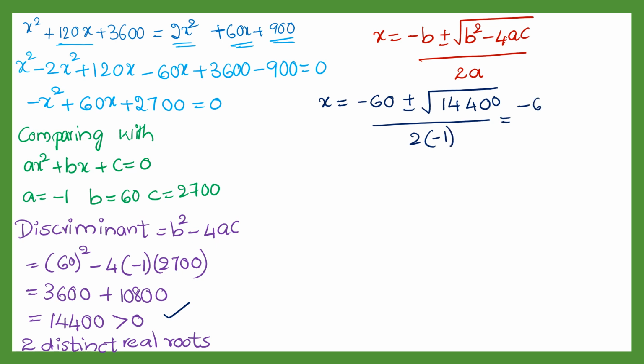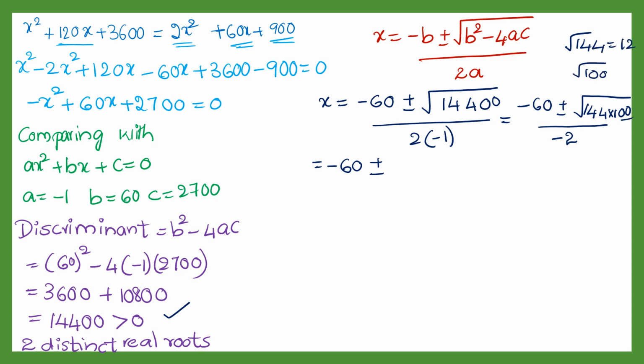So minus 60 plus or minus root of 14,400, we can write as 144 into 100, by 2 into minus 1, which is minus 2. So you get minus 60 plus or minus root of 144. Root of 144 is 12. You have 100 again. Root of 100 is 10. So you get 12 into 10 by minus 2. This is equal to minus 60 plus or minus 120 by minus 2.